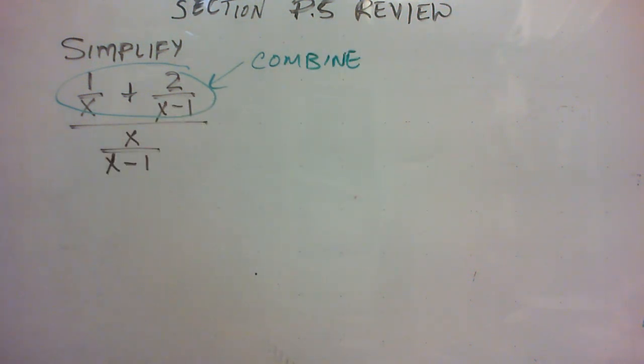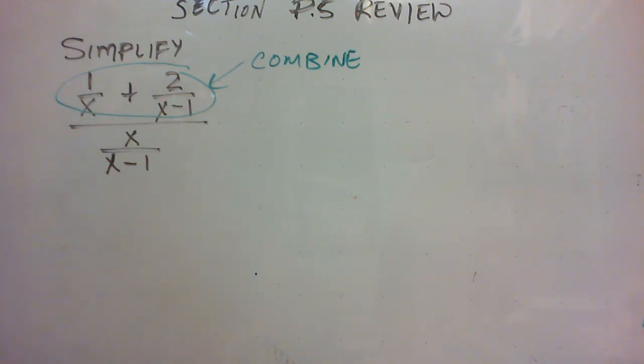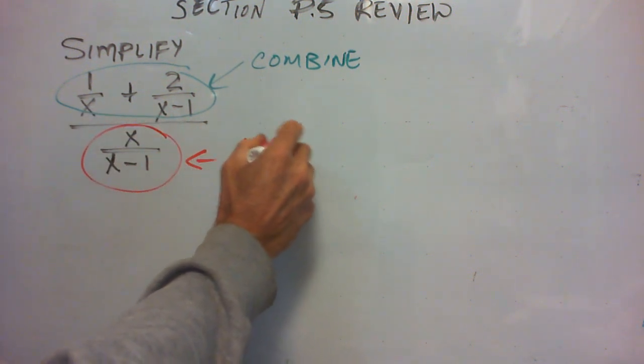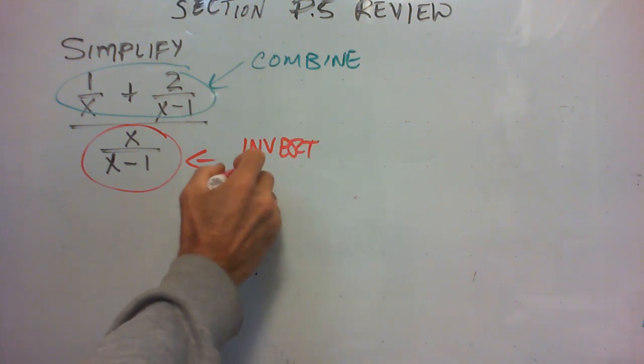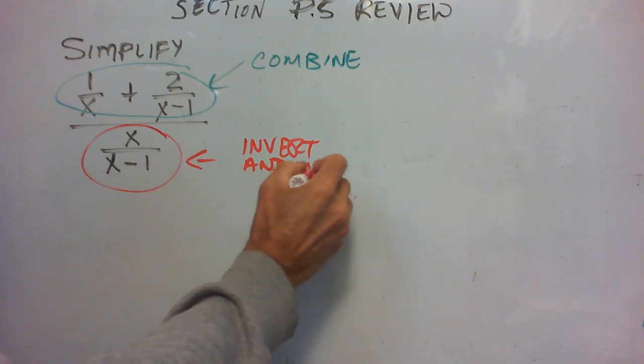And once you get a fraction divided by a fraction, we just invert and multiply by x minus 1 over x, the denominator fraction.